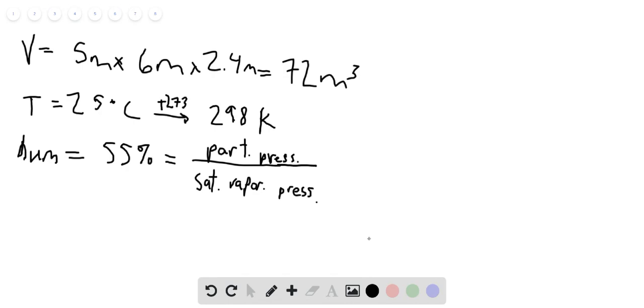We can get this number from table 13-3, and if we look for a temperature of 25 degrees C, we know that the saturated vapor pressure is 3170 Pascal. So this allows us to isolate partial pressure by sending the 3170 to the other side of the equation.